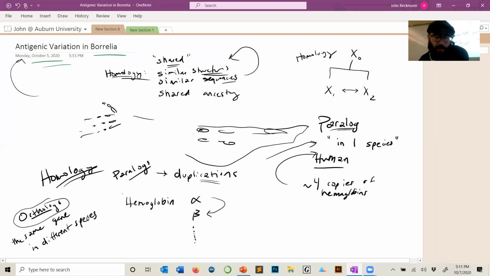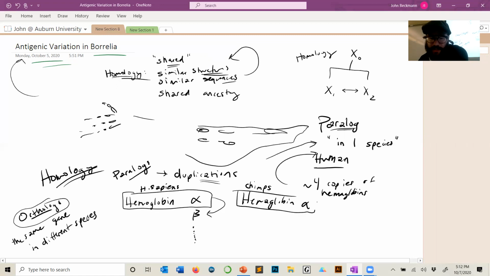So if I'm talking about hemoglobin alpha from Homo sapiens, and I try to make a comparison to hemoglobin alpha from chimps, the sequences are not going to be exactly the same. Well, maybe they are, but if I was talking about hemoglobin from a mouse, there are for sure going to be some differences. And when we talk about these genes in comparison to each other, these are a pair of orthologs. They're the same gene, doing the same function, but from a different species.